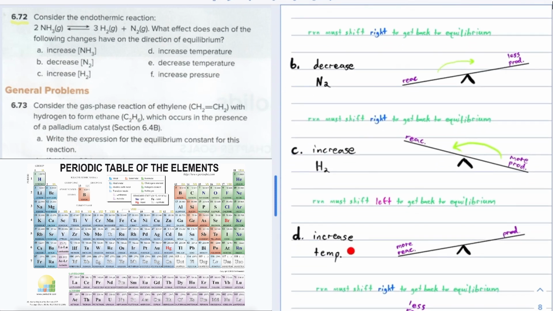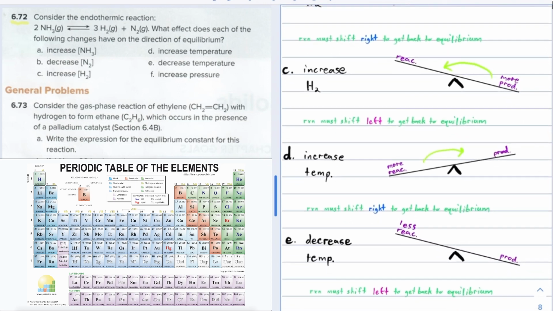Now you've got more reactant. The balance beam is too heavy over here now, so it shifts in this direction. To get back to equilibrium, you're going to have to take some of that reactant material and form some product to put it back in balance. So increasing the temperature, the reaction shifts to the right to get back to equilibrium.